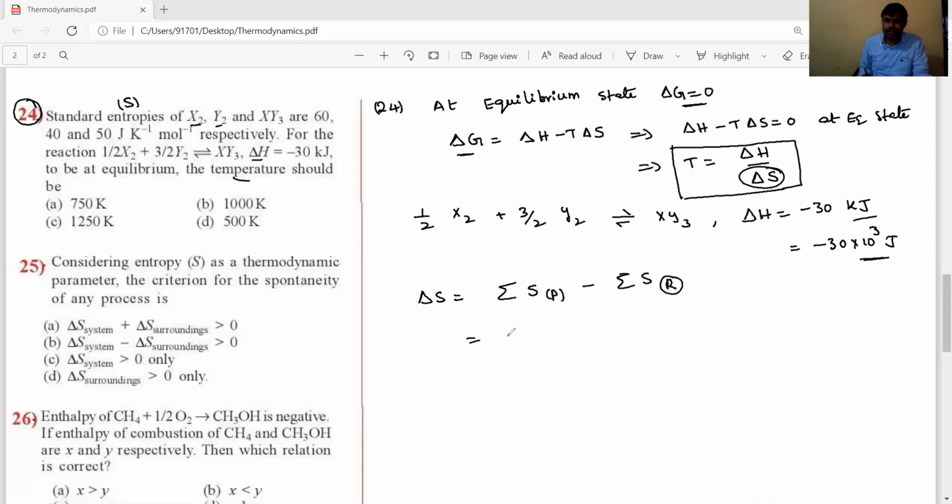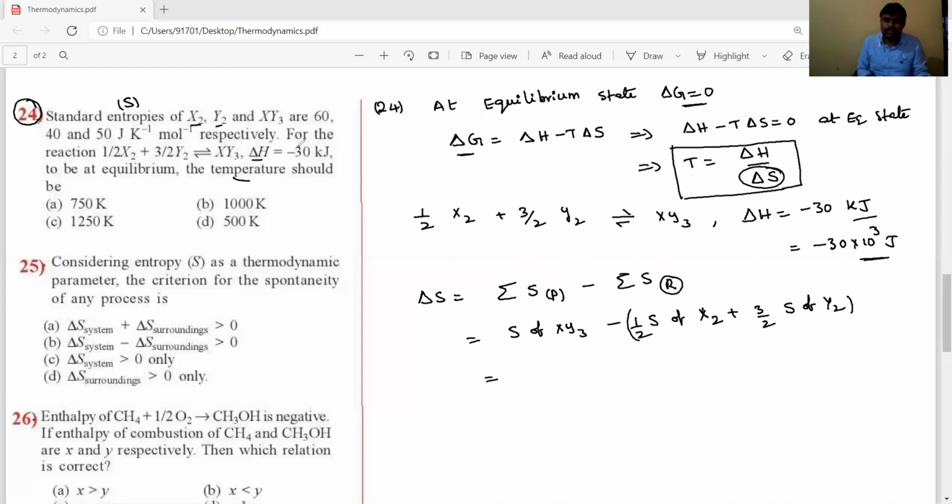So the entropy of product means the entropy of XY3 minus the entropy of 1 by 2 X2 plus 3 by 2 entropy of Y2. Okay, already X2, Y2 and XY3 entropies they gave.